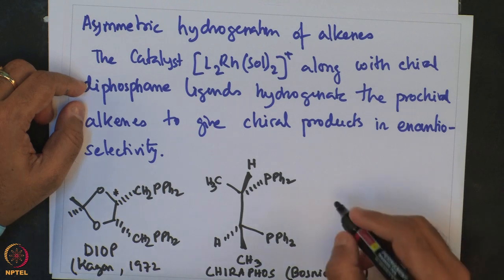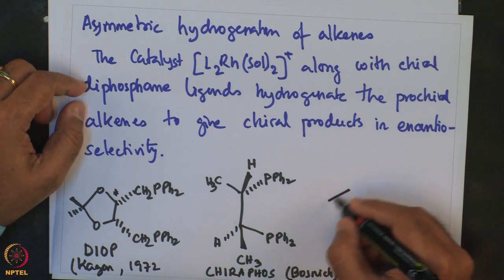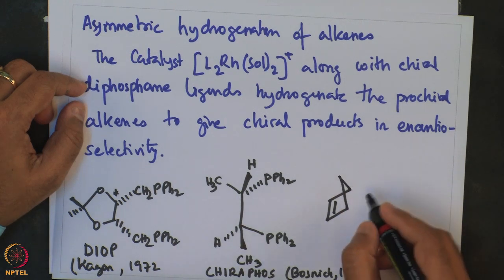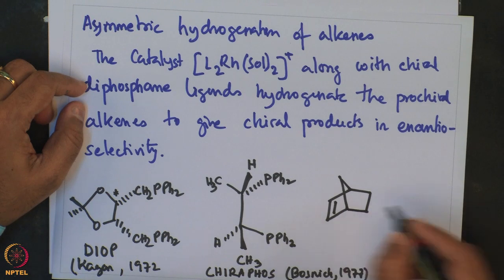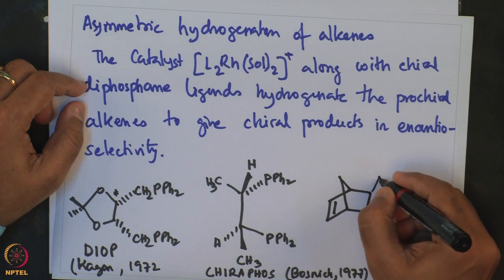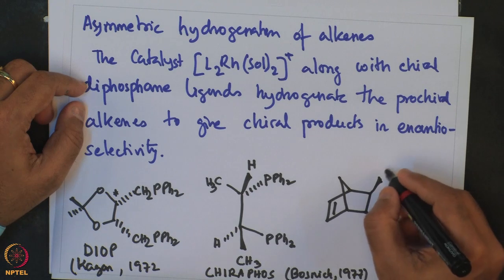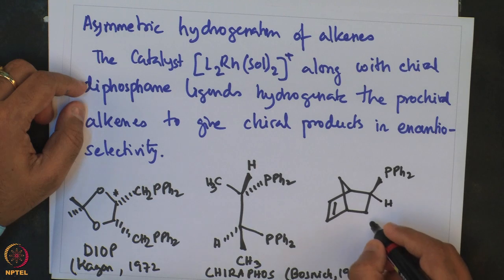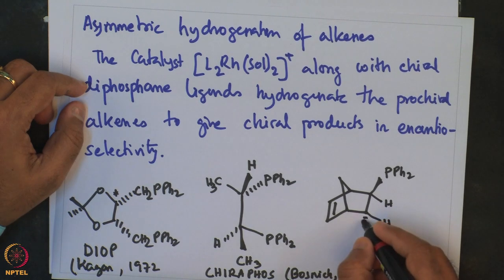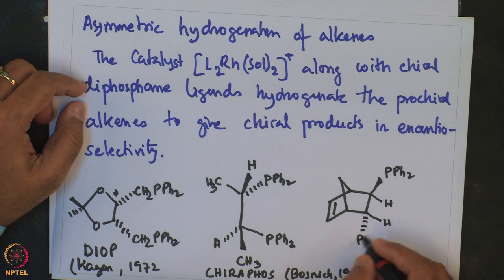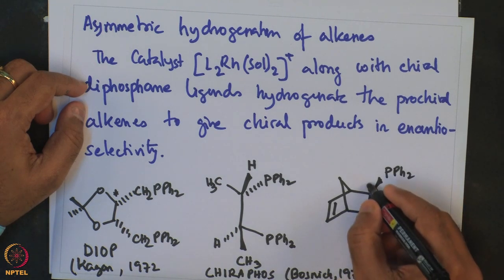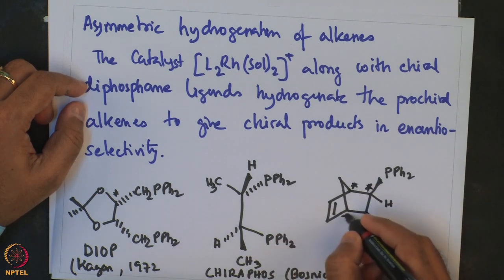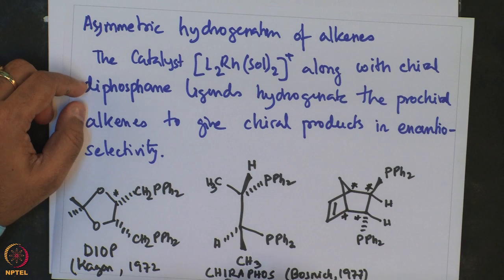And Norphos, this is an interesting ligand, with PPh2 and PPh2, and it has 4 chiral centers as is shown over here.